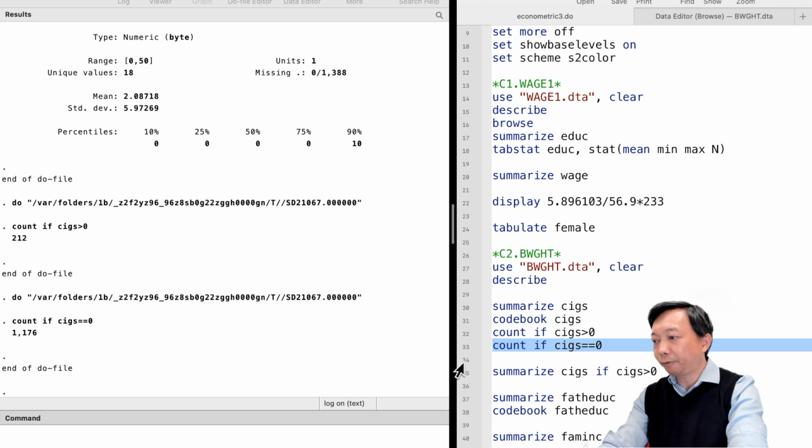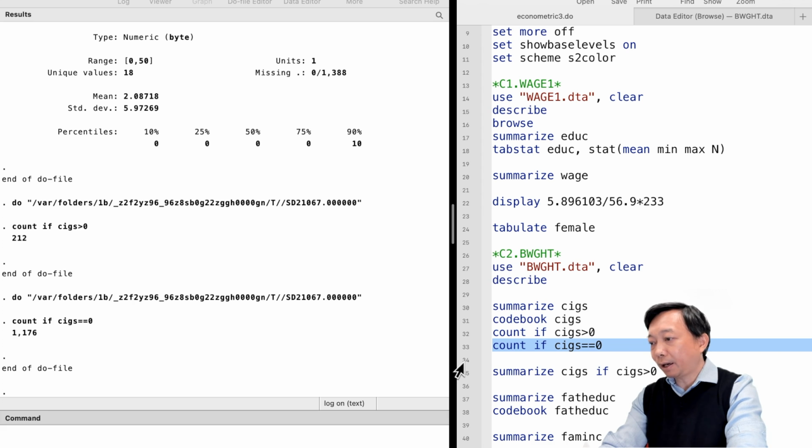We have already found the average number of cigarettes smoked per day, which is 2.09. It is not a good measure of the typical woman because the sample contains a lot of women who did not smoke during pregnancy.